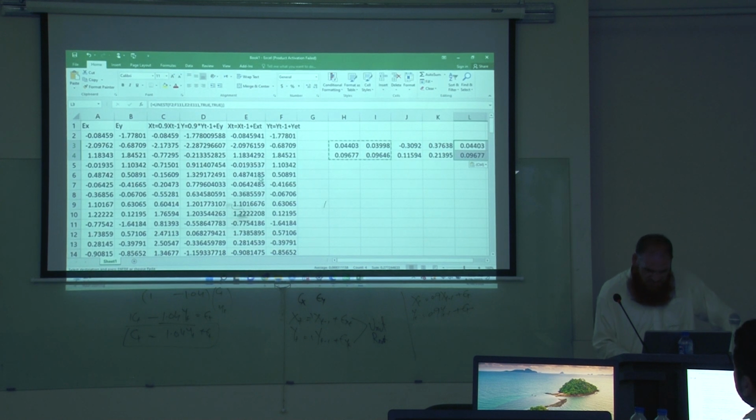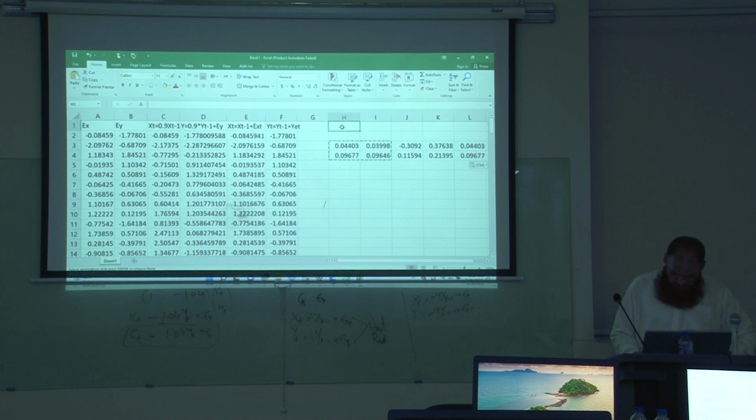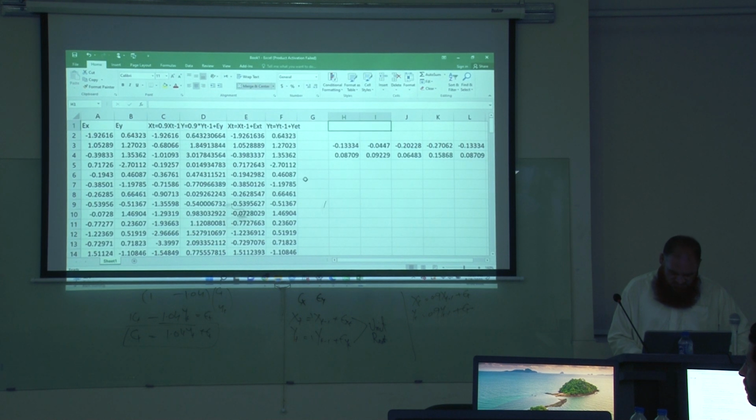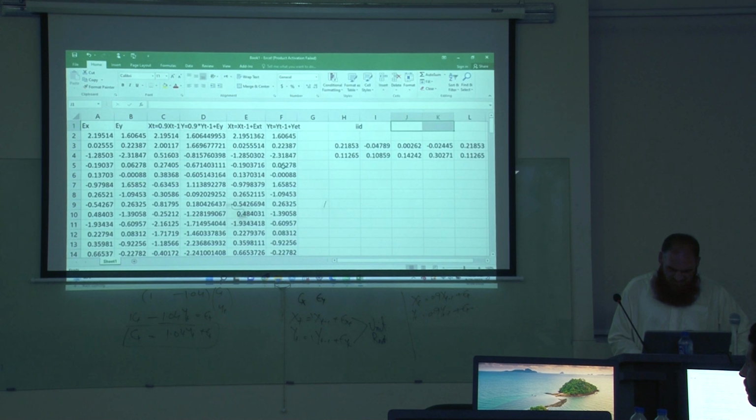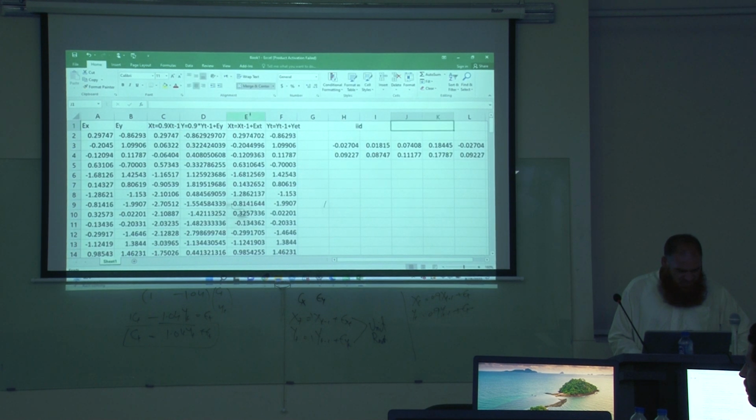This first regression is for IID series. This second regression is for stationary series.